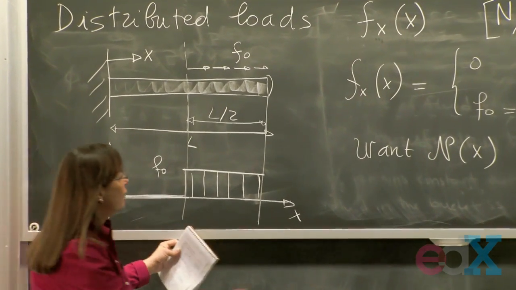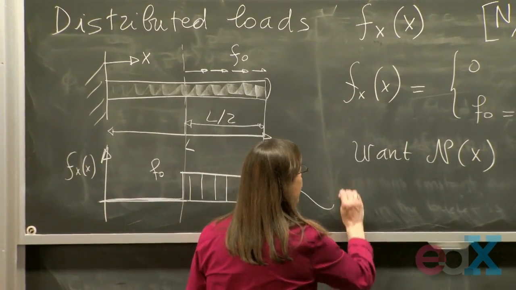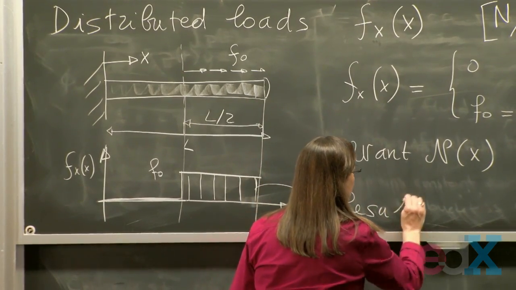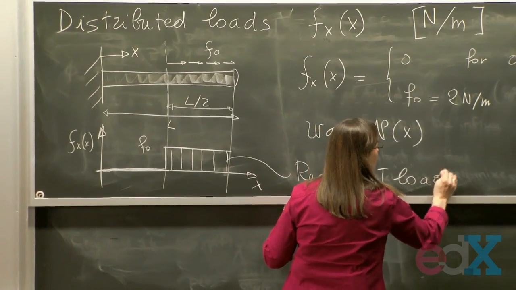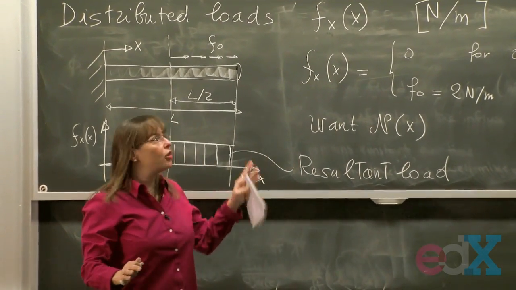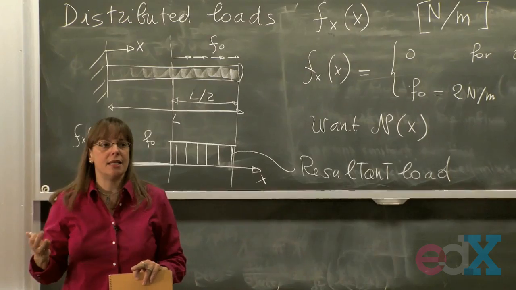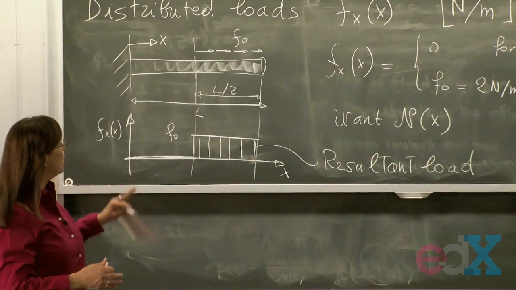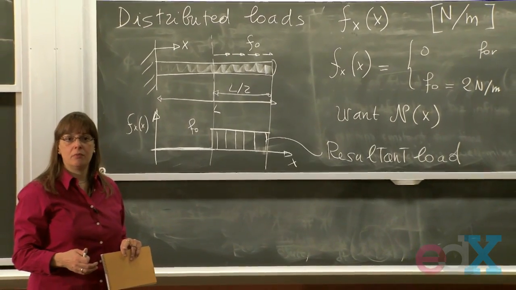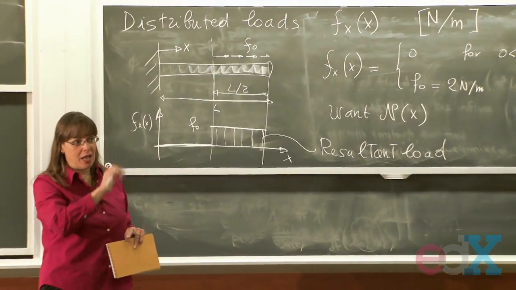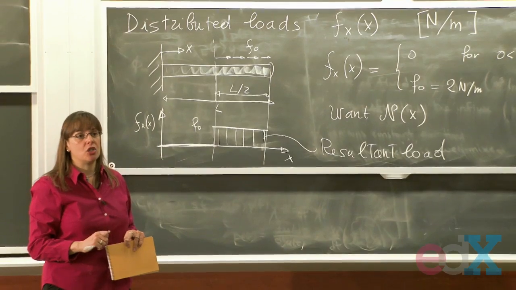By the way, if I ask you right now, without giving you anything else, what is the resultant load that comes from the distributed load? Can you tell me? L. You need L to tell me how much load I have.